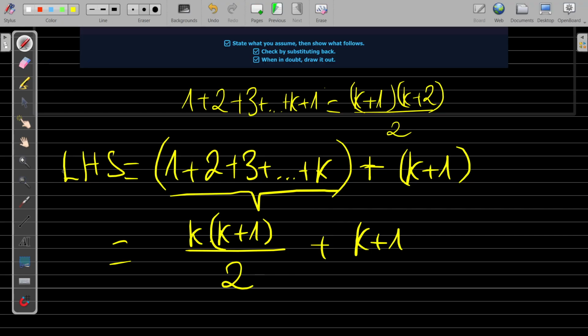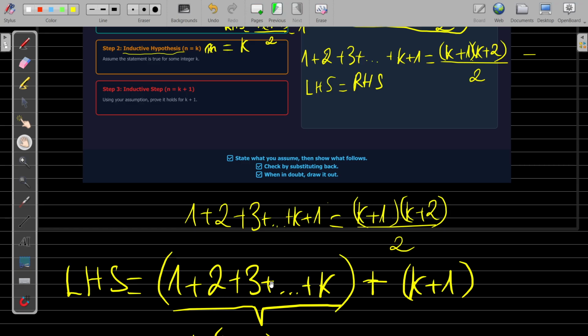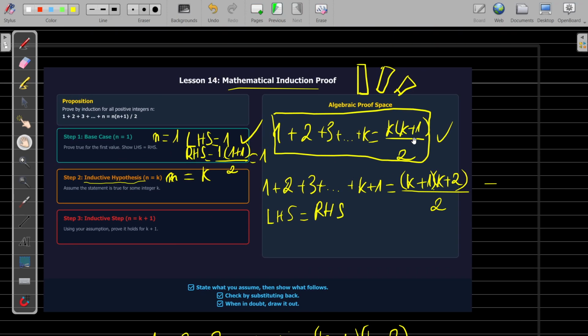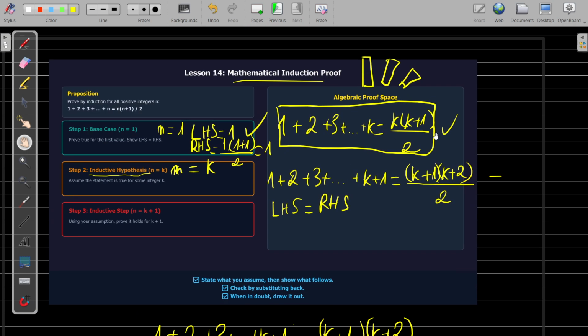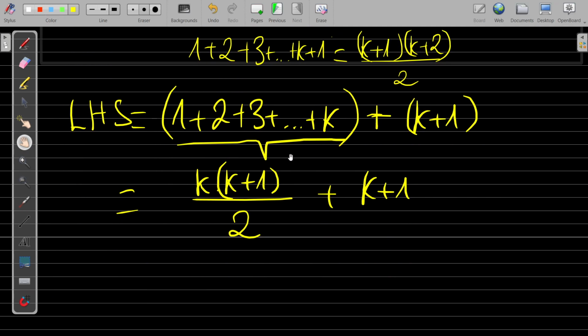Why is this the case? Because we just assumed that 1 plus 2 plus 3 plus dot dot dot plus k equals this. So we are merely substituting the very long part into the multiplication part down here. So this is the substitution, the substitute hypothesis.